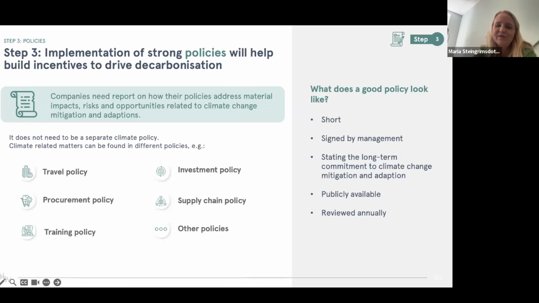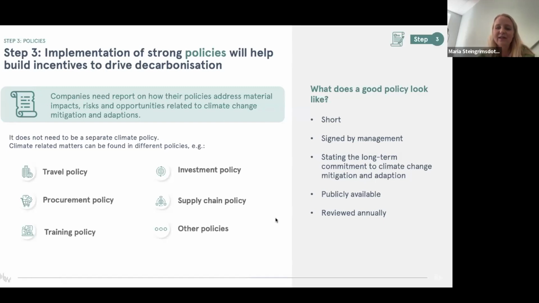The ESRS provides no specification to what the policies need to include, and it does not have to be a separate climate policy, as climate-related matters can be included in different policies that may already exist in the company. These are, for example, travel policy, procurement policy, training policy, investment policy, supply chain policies, just to name a few.